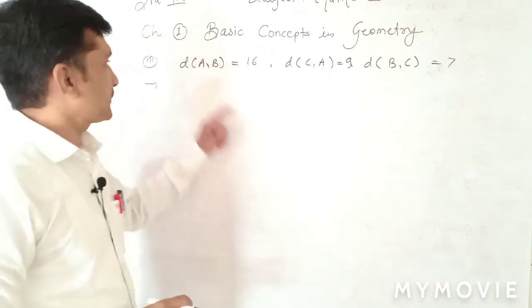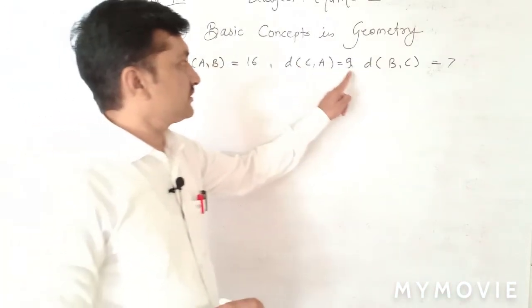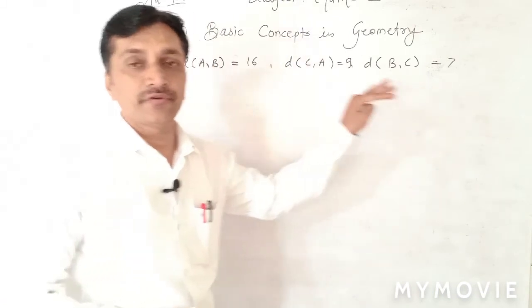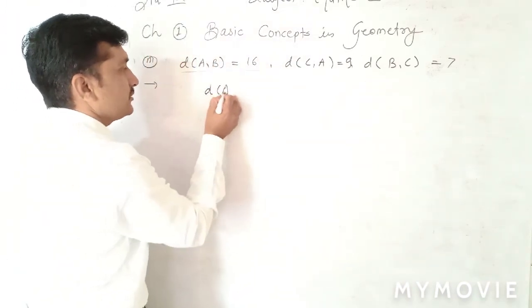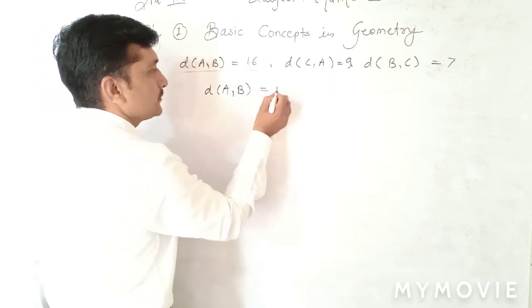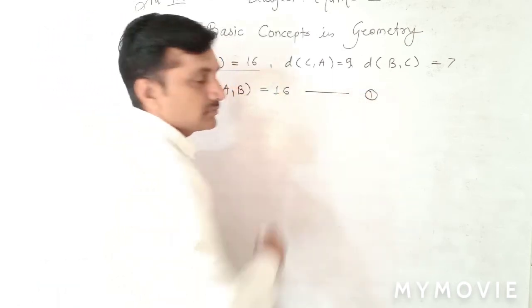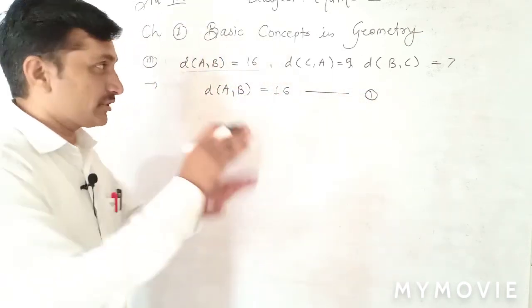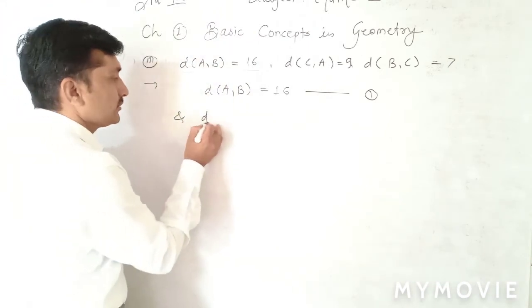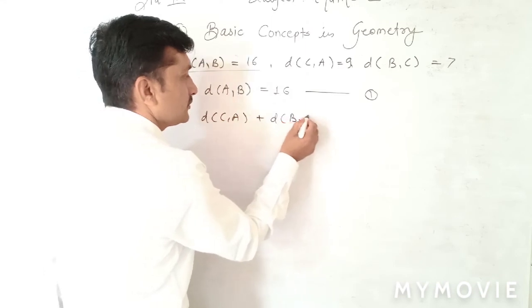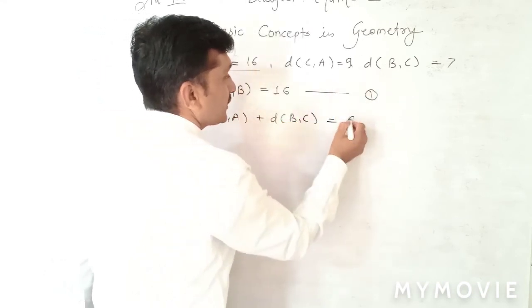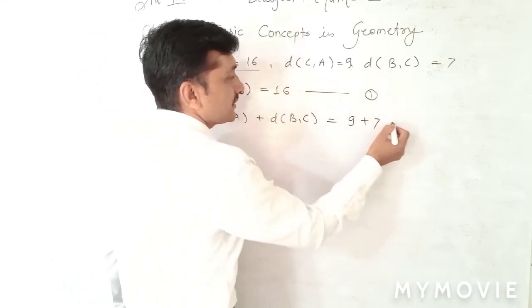Example number 3. Distance AB is 16, distance CA is 9, distance BC is 7. First write the largest distance. Largest is this: distance AB is equal to 16. Give number 1. And now the sum of the remaining 2: distance CA plus distance BC is equal to CA 9 plus BC 7.